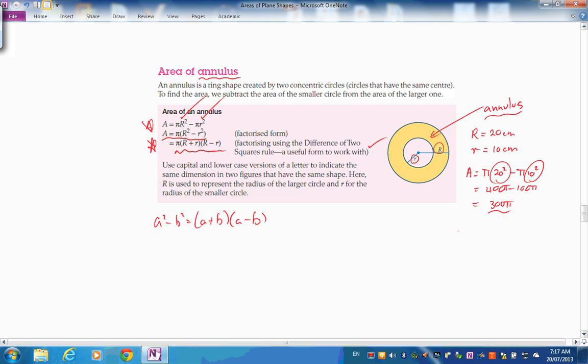You watch it over here. If I used R plus r by R take r, instead of squaring big numbers, I would have R plus r is 30 and R take r is 10, and I get 300 pi. Now that might be a bit easier rather than have these big squares up here.